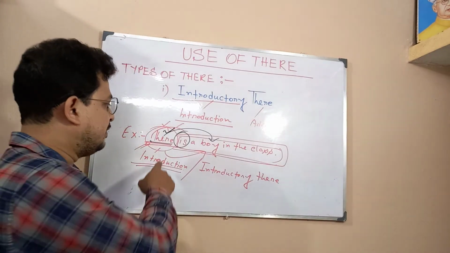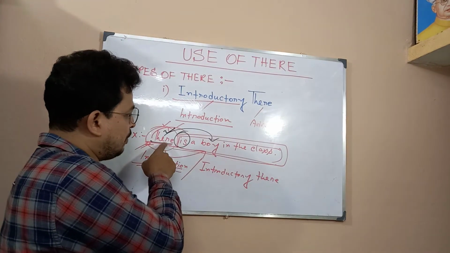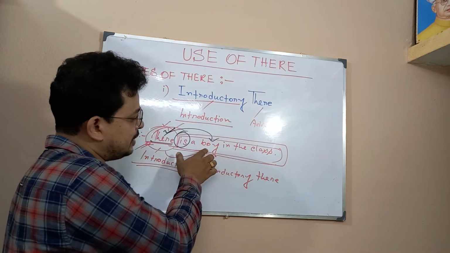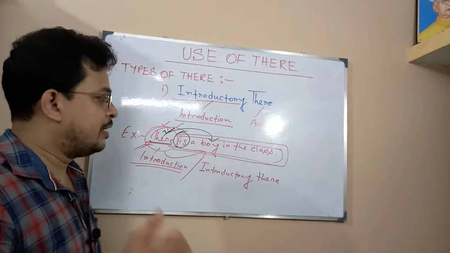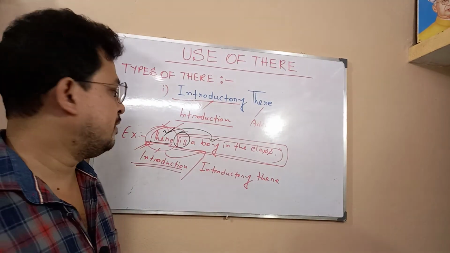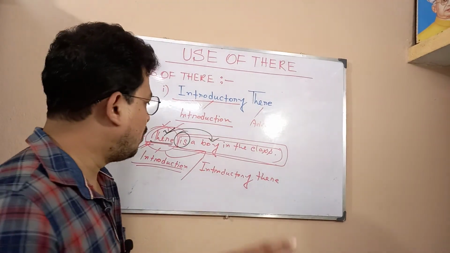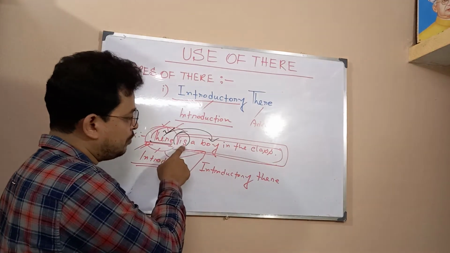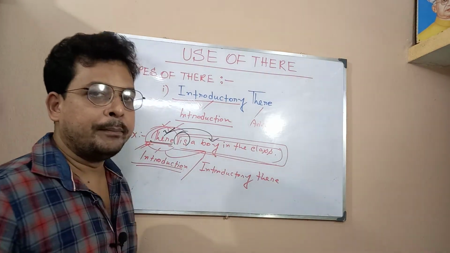Not for there, because there is not any particular subject. After there you will see what the noun or pronoun is, and which number and person it belongs to. For this reason the auxiliary verb will sit here.